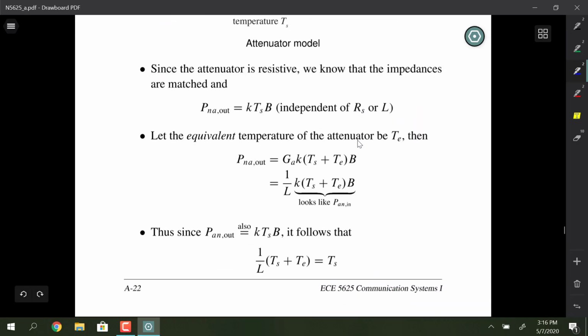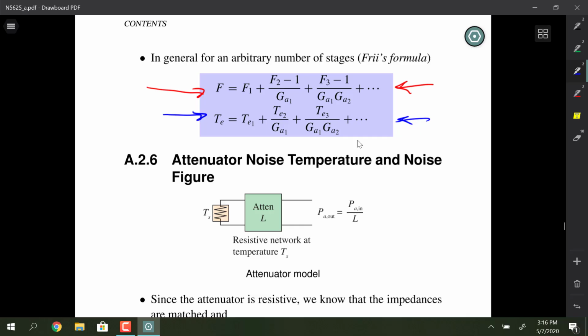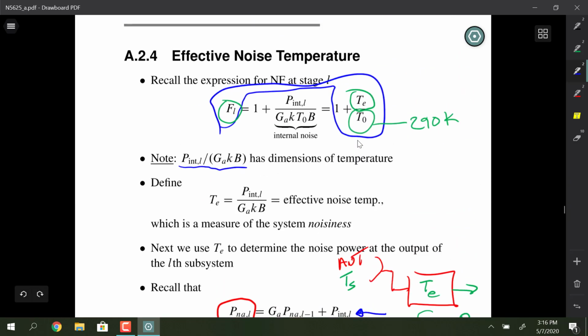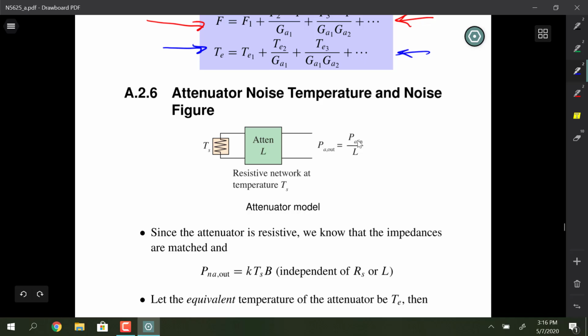But along the way, you can work it either in terms of noise figure or effective noise temperature, and then you can come back to converting, if you want to, through this equation over here, which I'm going to write down next, right in here. That was F is equal to 1 plus TE over T0, the room temperature value.